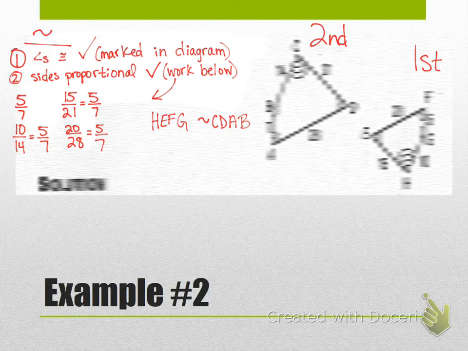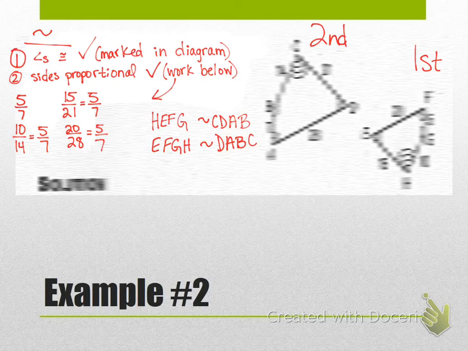Now this is not the only option. You could have named the first one E, F, G, H. And in that case, it would have been similar to D, A, B, C. Right? You can kind of pick how you name the first one, but then you have to match it up to the second one.